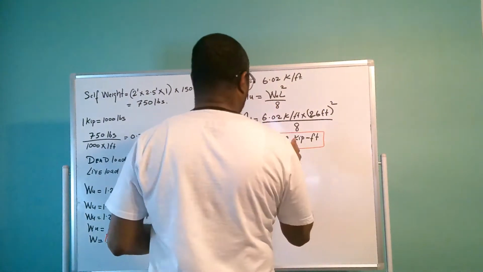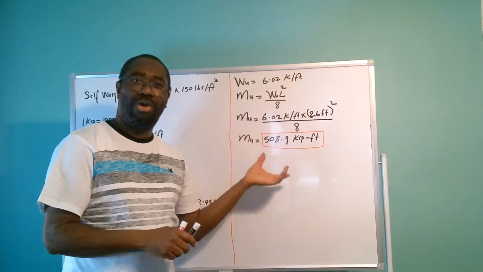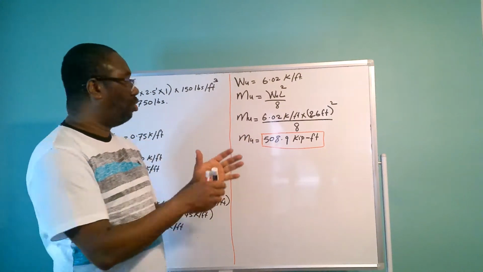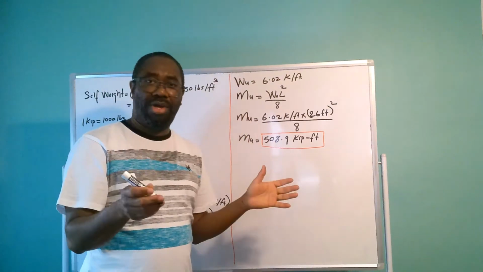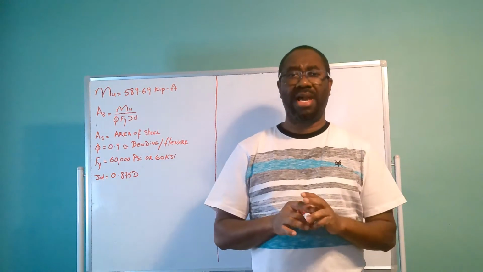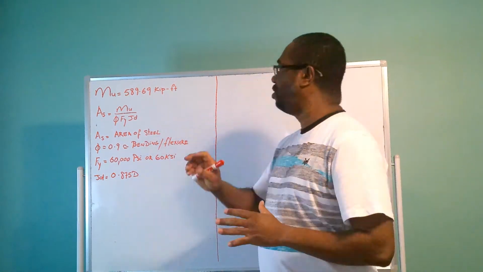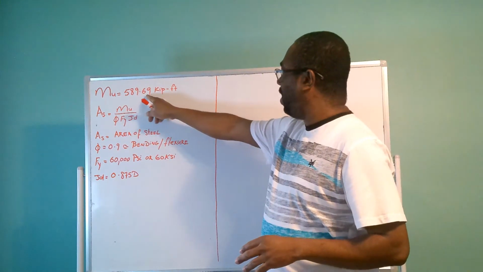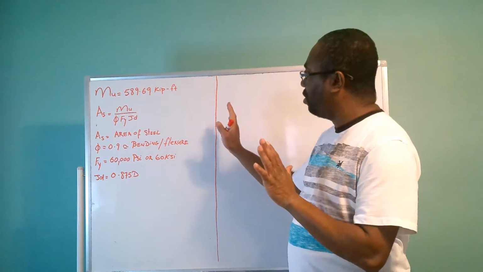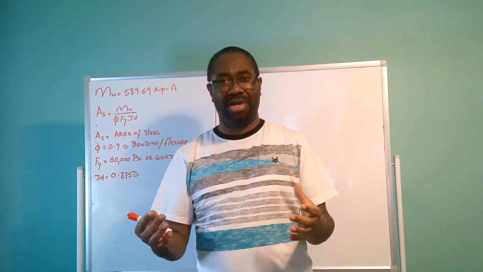So the maximum bending moment which we calculate here is going to go into the formula to calculate the area of steel. Now, having calculated the maximum bending moment to be 589.69 kip-foot, we can now work out our area of steel.